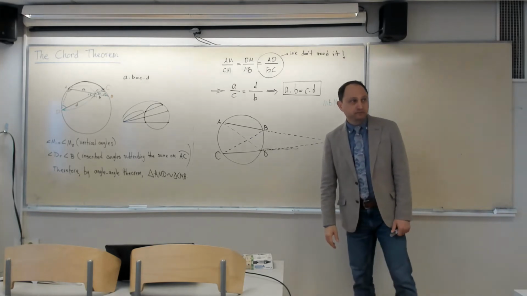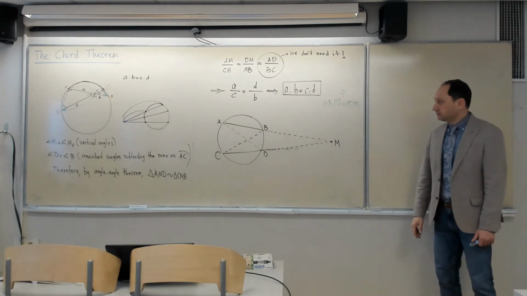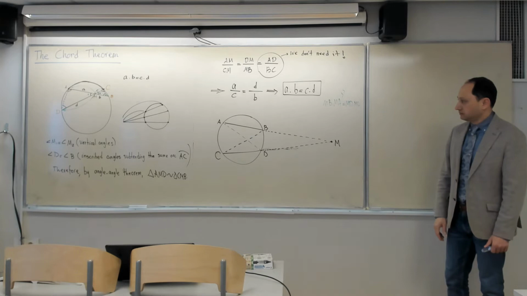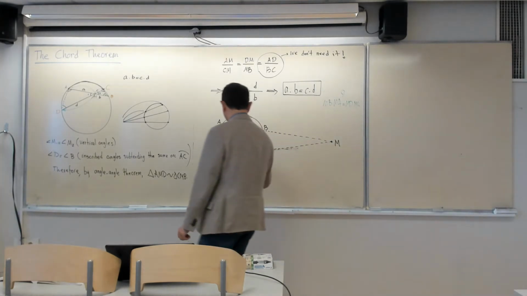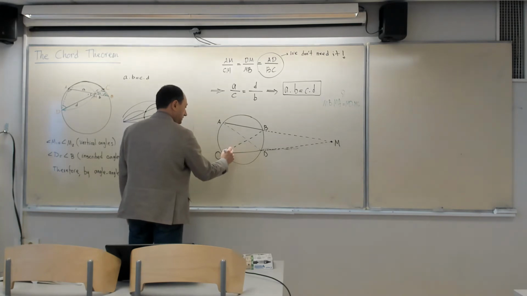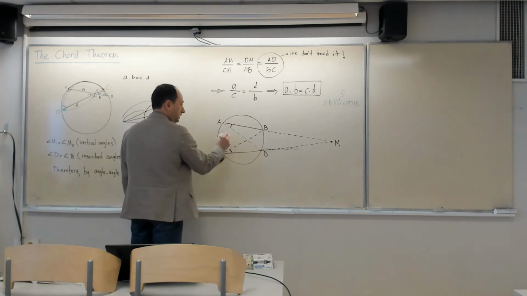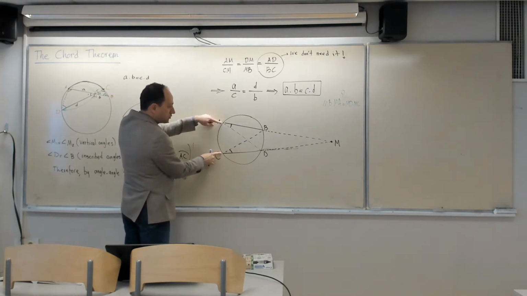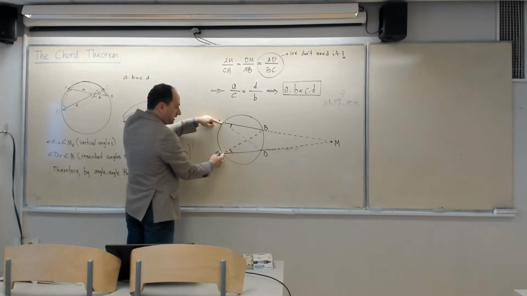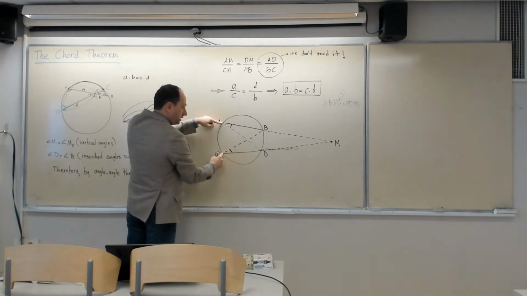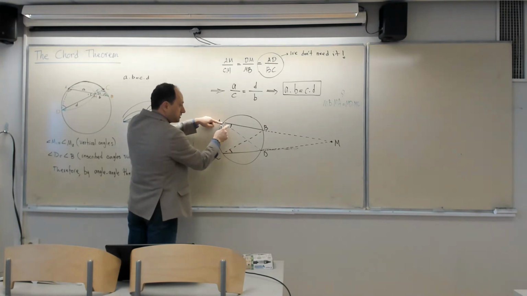Yes, here? Angle A and angle C are equal because they're subtending the same arc. So that's completely correct. You see, this angle is equal to that angle. Why? Because they are inscribed. Why are they inscribed? Because the vertices are on the circle, and one leg is a chord, another leg is also a chord. That is an inscribed one. The same scenario for this one.